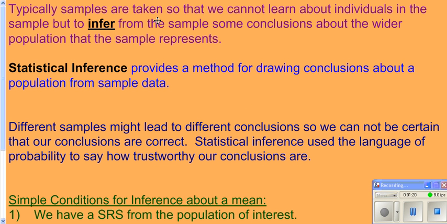In other words, we're collecting data on a sample, analyzing that data, and drawing conclusions from it so that we can infer something from that sample in regard to our whole population.